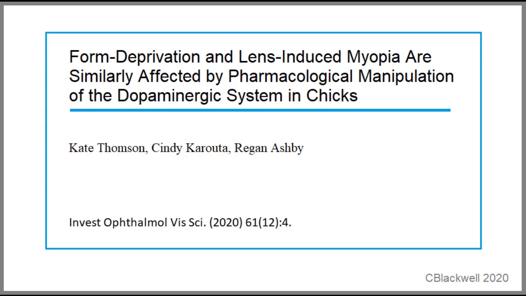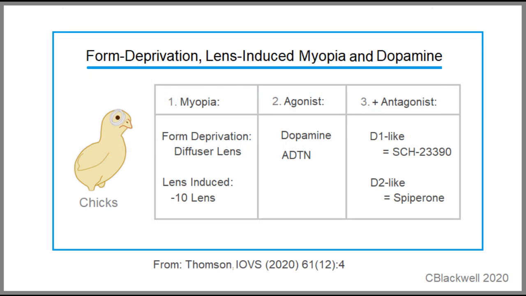A decade after that last experiment, Ashby returns with new collaborators to ask, how are form deprivation and lens-induced myopia different? And how is dopamine involved? In this three-step experiment, they first created both form deprivation and lens-induced myopia, then did injections of dopamine, and finally added blockers of dopamine receptors.